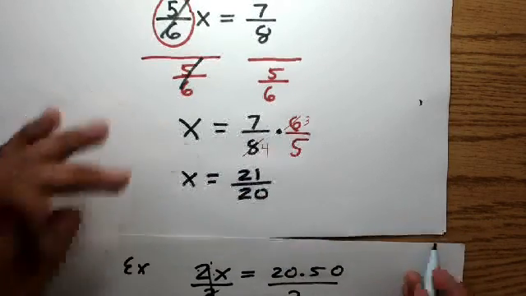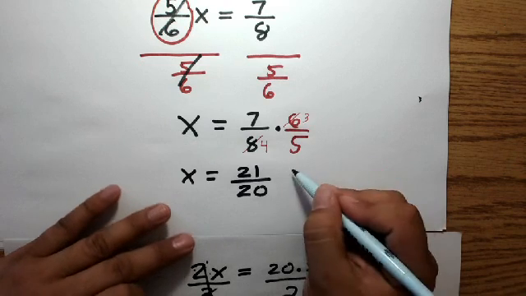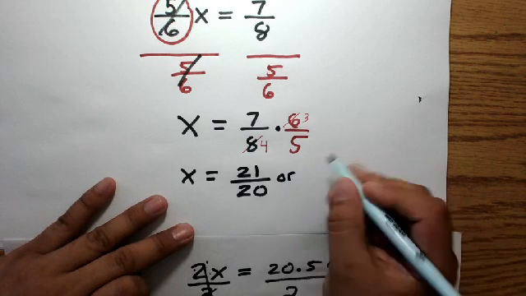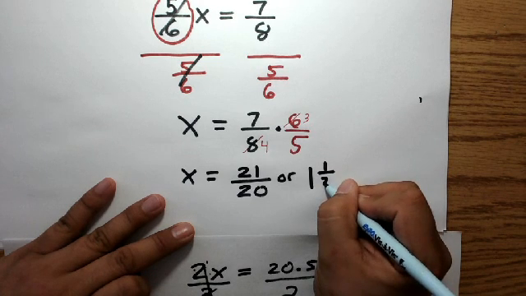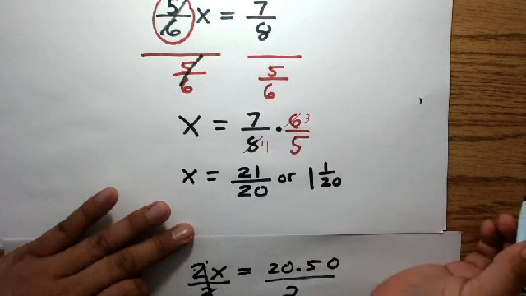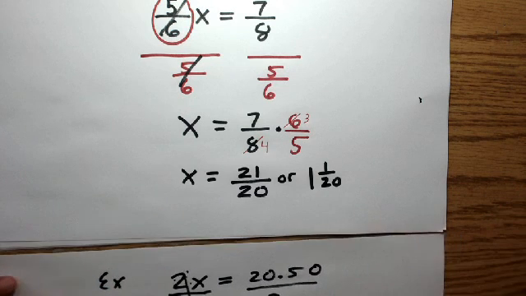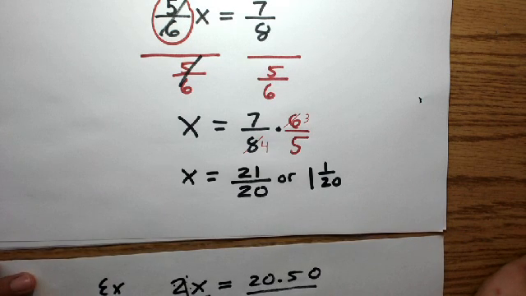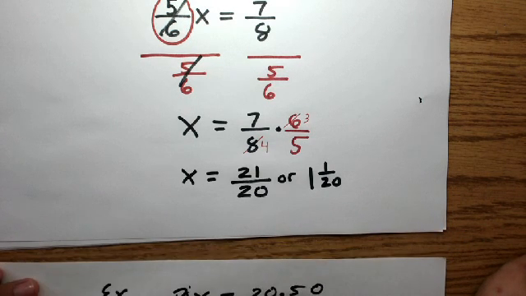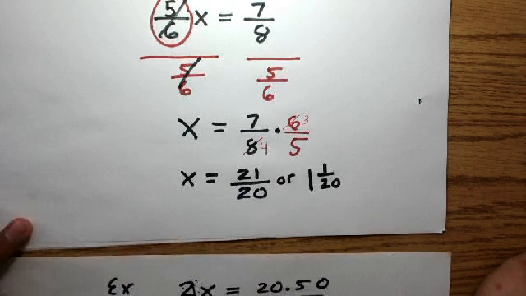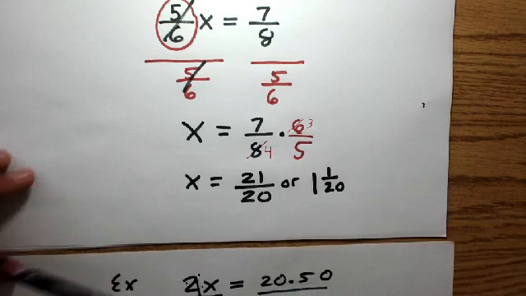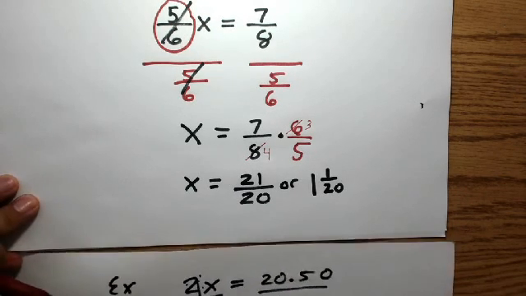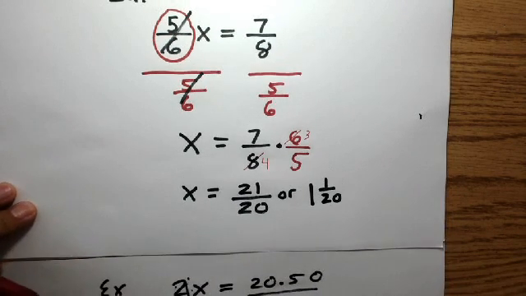Can I write that as a mixed number? This becomes what? 1 and 1/20. Is that clear? Do you all understand those examples? Are there any questions?